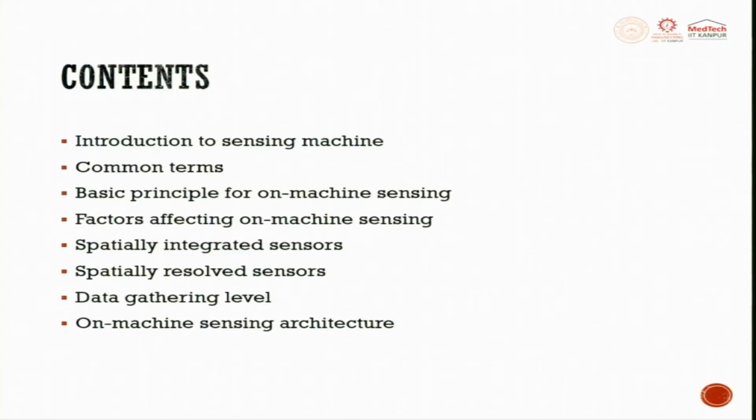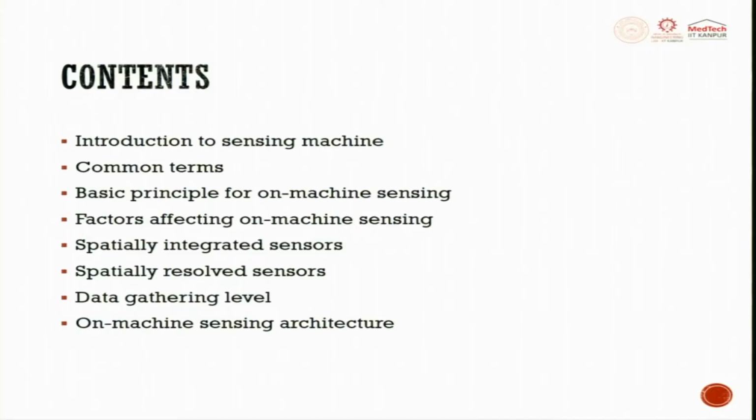The content of this lecture is going to be introduction to sensing machine, common terminologies used in a closed loop metal additive manufacturing system, basic principles for online sensing. See, if it is a cutting tool or a machine tool, you will try to put a vibration sensor, you will try to put a force sensor, you will try to put acoustic sensors, etc. But here, what do we do and how are these sensors working?